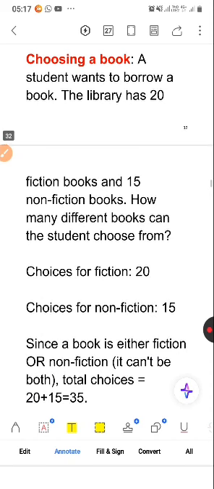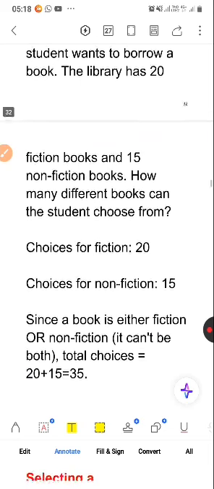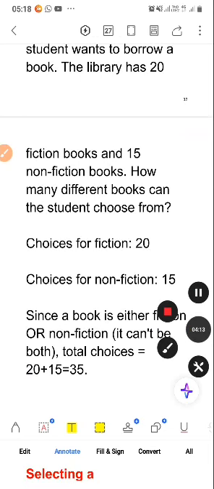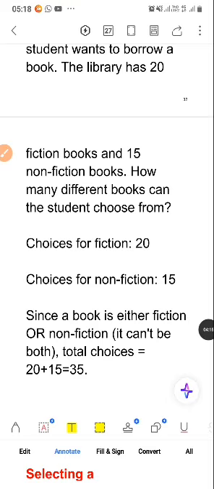The question says that a student wants to borrow just one book, so that one book can either be a fiction book or a non-fiction book. So either or has been introduced, and for that matter we have to ensure that the addition principle is applied to combine the events.